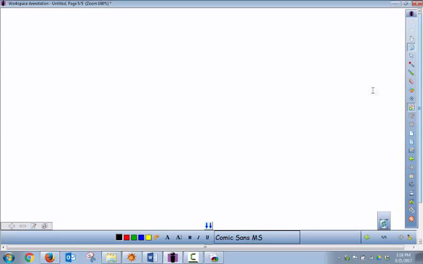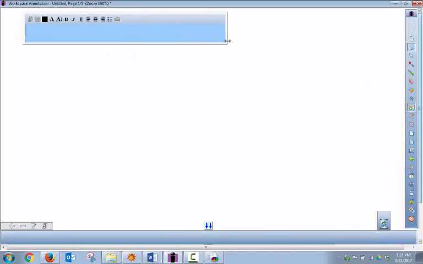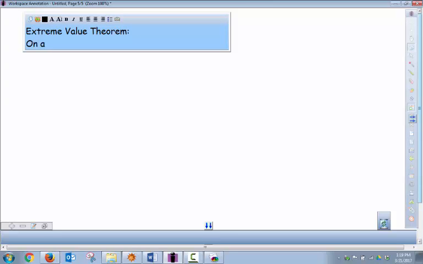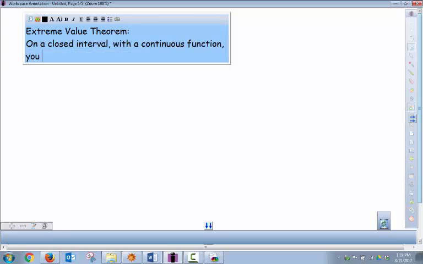Do you remember this thing in calculus called the extreme value theorem? On a closed interval with a continuous function, you are guaranteed an absolute max and min.